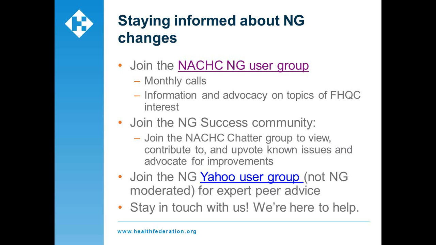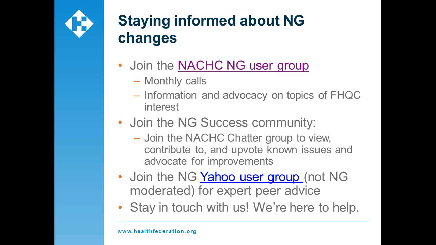In addition, as I mentioned earlier on the call, joining the NextGen Success community should be helpful. In particular, there's a chatter group, which is, I guess, a subset, not unlike a listserv, except it's web-based. And there's one that has a NAC tag to it, so that you can view, contribute to, and upvote known issues and advocate for improvements.